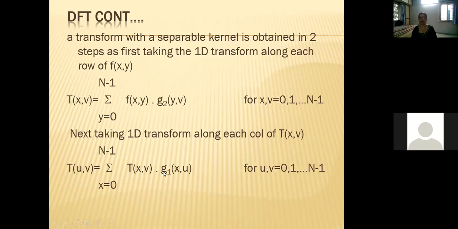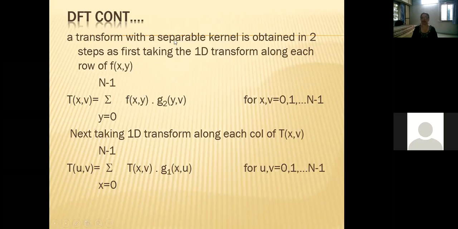Now we apply once again the transform column-wise by using the transformation kernel g1(x,u). Actually, g2(y,v) is the same as g1(x,u) because your transform is symmetric, so we can replace these two terms simply by g(x,u). On this partial transform T(x,v), we once again apply the transform column-wise, and finally we get the complete transform T(u,v) of our original image f(x,y).